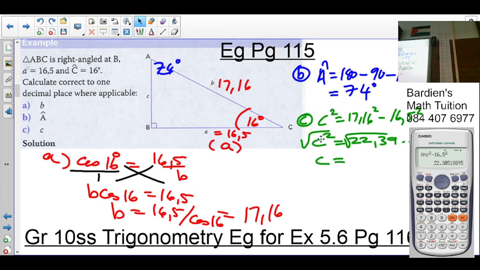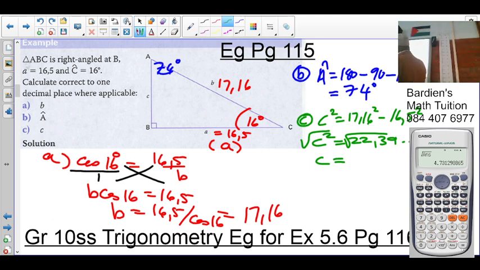Normally if I introduce square root it will be plus minus. But because we are talking about length, we know it's not going to be negative. So the square root of the answer gives you 4,73. It says 1 decimal place, so it's 4,7. This should have been 17,2 because the question says 1 decimal place.